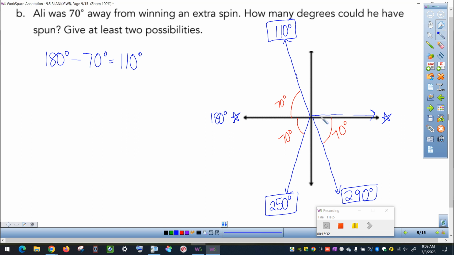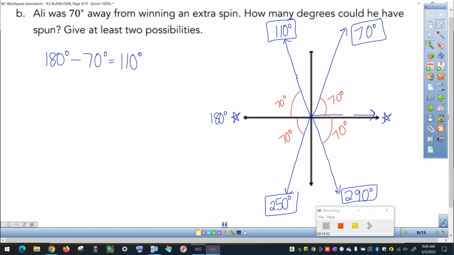He also could have spun it to land somewhere in the first quadrant. So we could have been 70 degrees away here, and that angle would simply be 70 degrees. So here we have 4 different possibilities listed for being 70 degrees away from getting that extra spin.